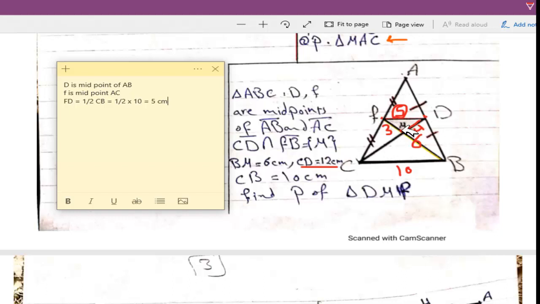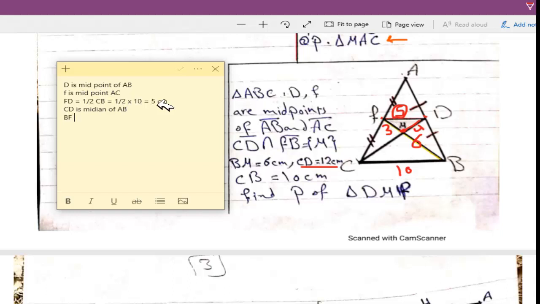but I can't say MD equals third, using the median or the ratio, without writing M is the point of intersection. Okay, since CD is median. Median of what? Median of AB. What else is median? BF.